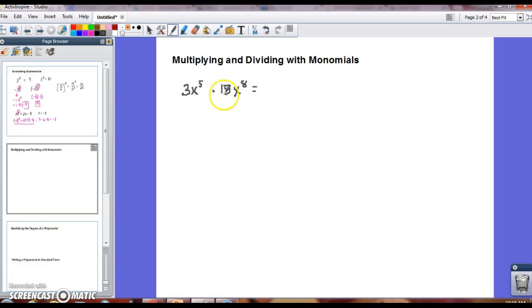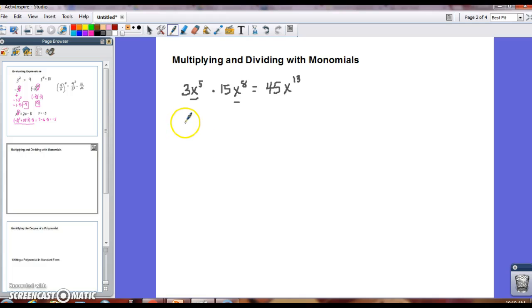I'm multiplying my coefficients together, so 3 times 15 would give me 45. And then because I'm multiplying two things with the same base, I'm going to add their exponents. That would give me x to the 13th. With exponents, you add them; with coefficients, or those numbers, you multiply them.